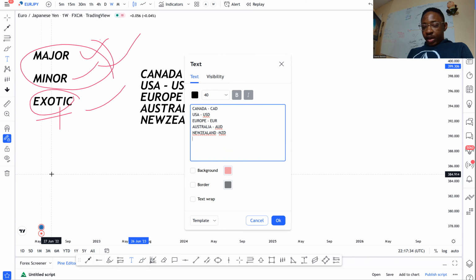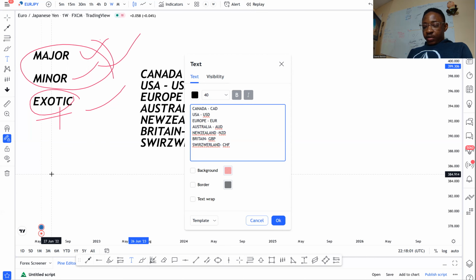We have Britain, or the United Kingdom. They spend the GBP, or the Great British Pound. And then we have Switzerland. They spend the Swiss franc, which is represented as CHF.